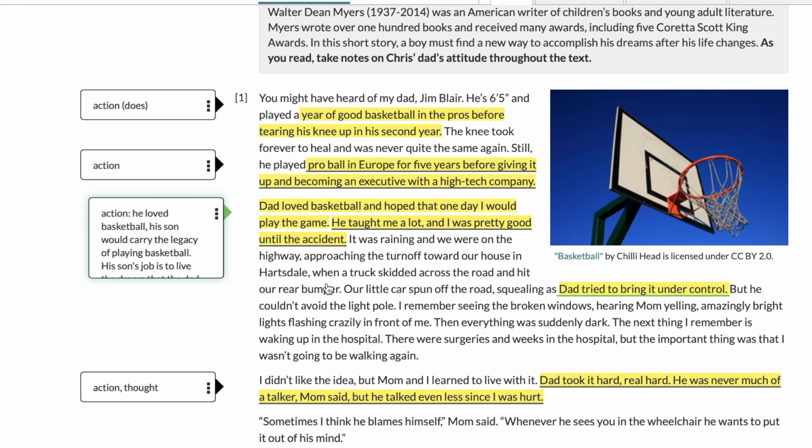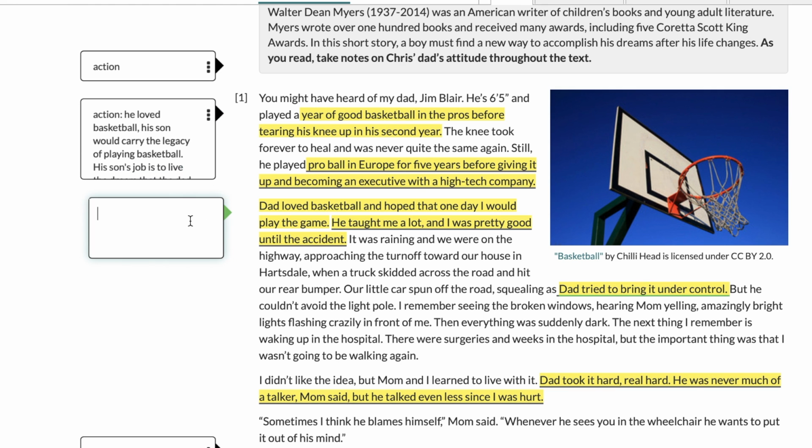So it was raining, they're on the highway, they're approaching, and then the car spins off. The dad tries to bring it under his control. This is really interesting. I want to edit this annotation. If you're a father and your main job is to protect your family and you get into this car accident because you couldn't bring the car under control, you may be feeling a tad bit powerless.